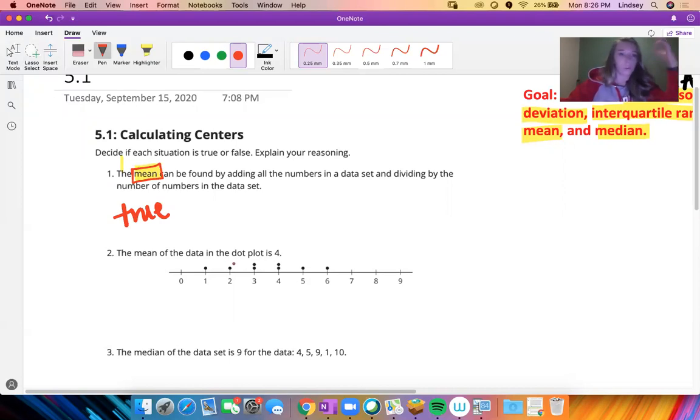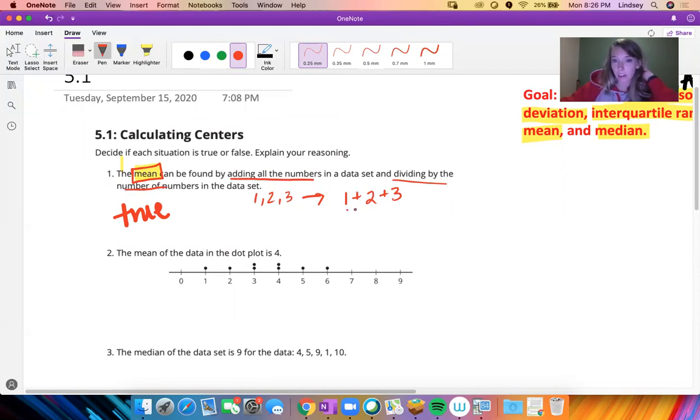So when you're finding the mean, which is something you learned back in 6th grade, if we had a data set 1, 2, and 3, and wanted to find the mean, we would do 1 plus 2 plus 3, which is adding all the numbers, and then we would divide by how many we had.